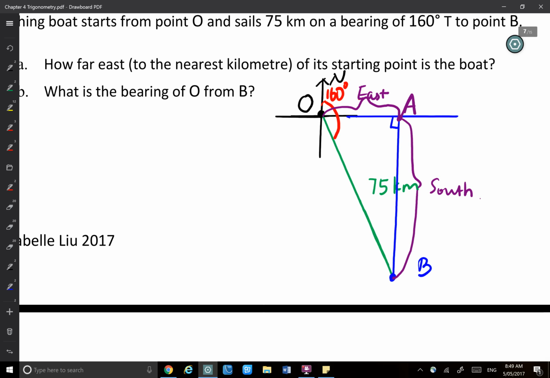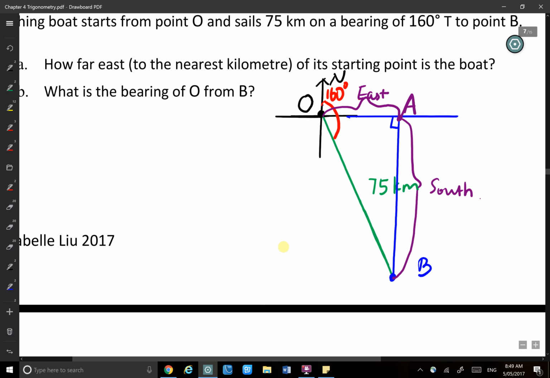How far to the east? I want to find the length of OA. OAB is a right angle triangle. Here is 160. Therefore, here will be 70 degrees. Agree?